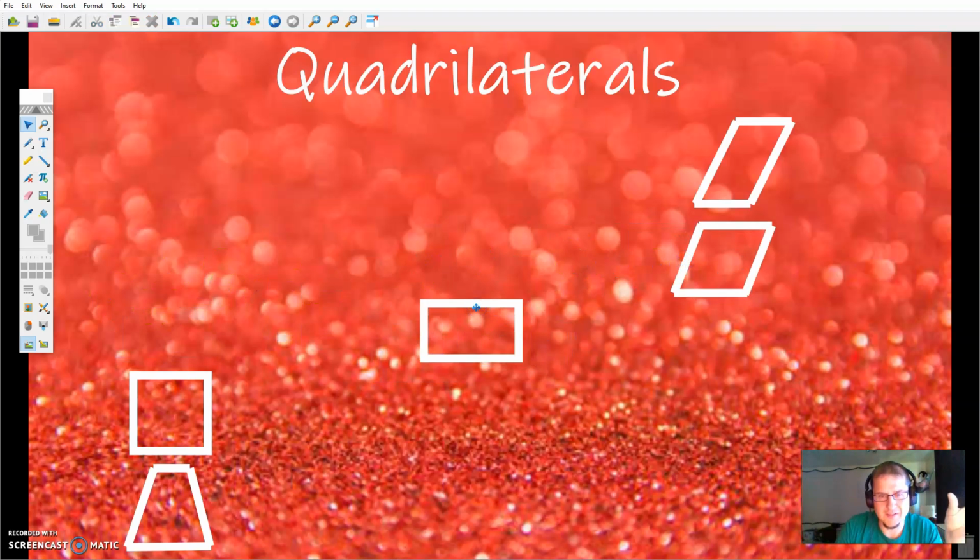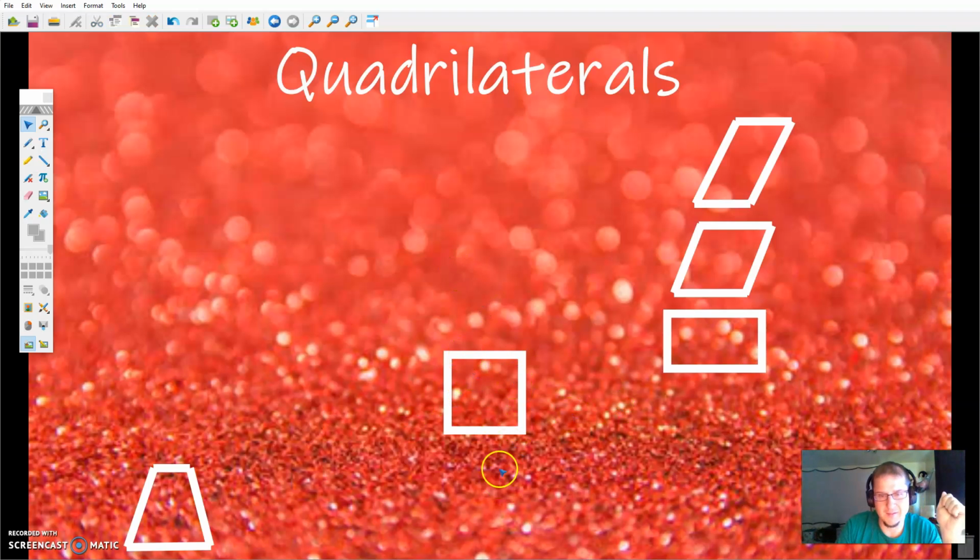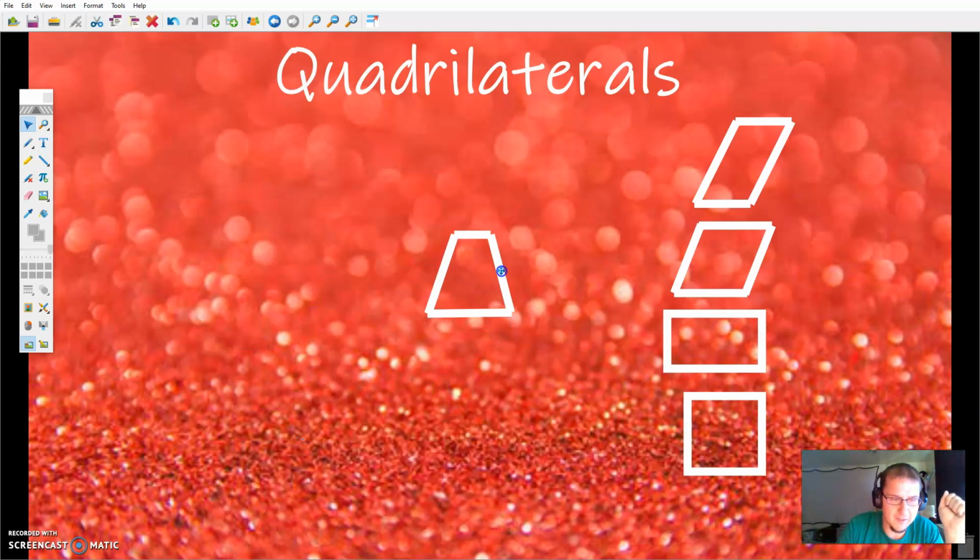Rectangle, 2 sets of parallel lines, and then all 90-degree angles. So it is a parallelogram as well as a rectangle. A square is all of those, 2 sets of parallel sides, all 90-degree angles, and then all 4 sides are equal. And then our last little guy right here is what we call a trapezoid.